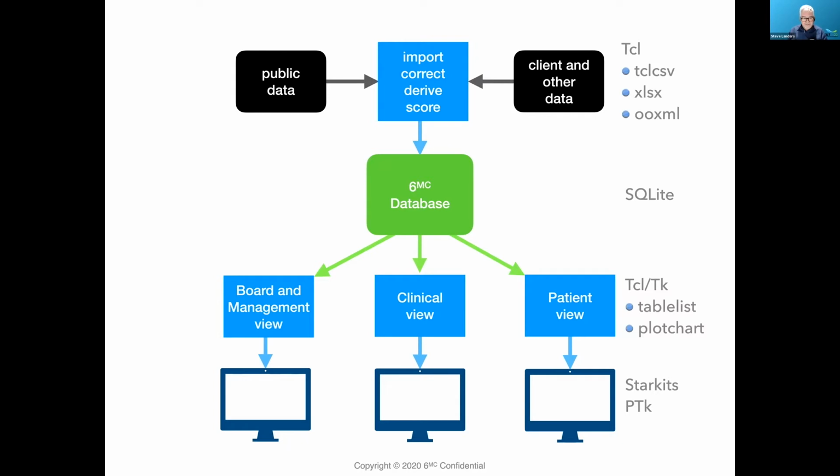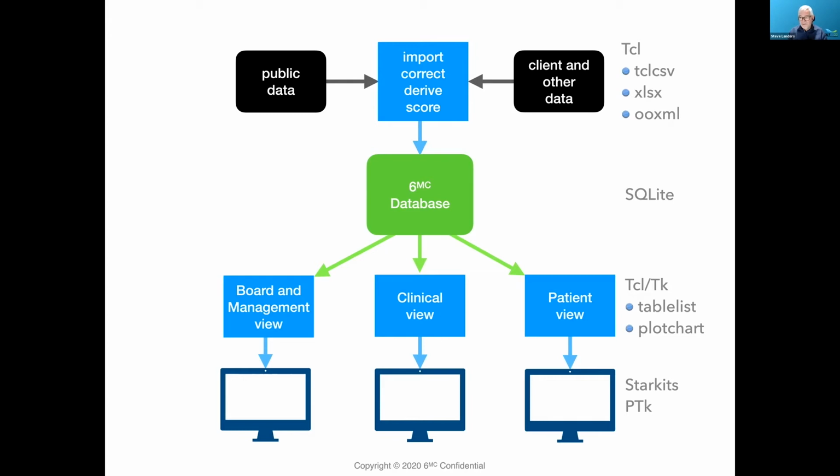Tcl/Tk is used throughout the platform. In the data mining part, we use Tcl CSV from Ashok Nadkarni that reads CSV files very, very fast. We use John Roll's extension XLSX for reading Excel spreadsheets. We also make good use of Alexander Schöpe's read and write OOXML to read and write Excel. Thanks, Alex. I really appreciate your work there.